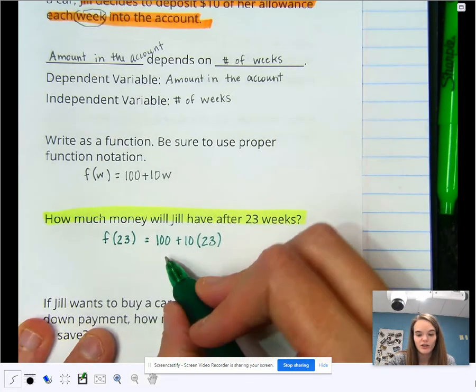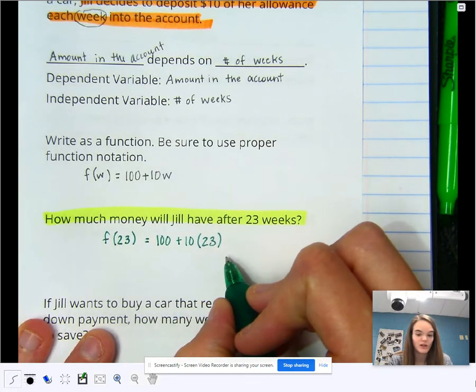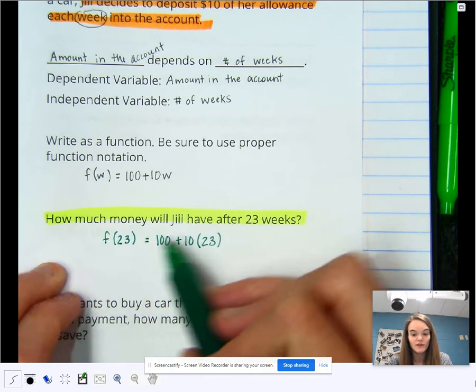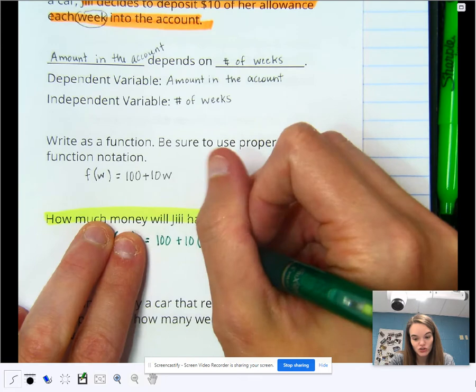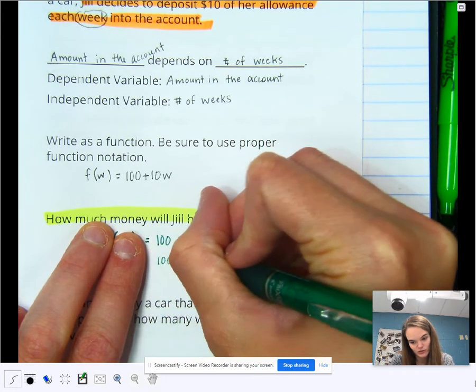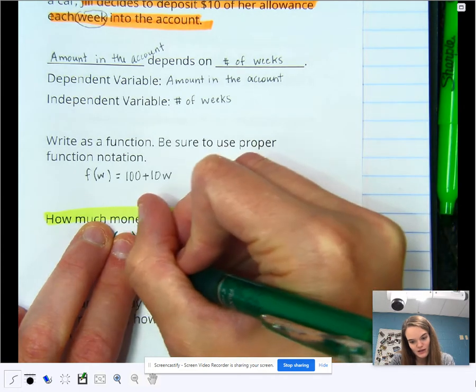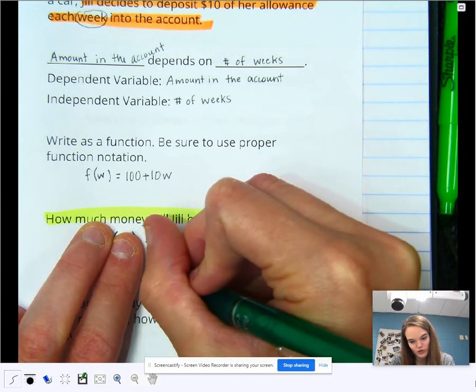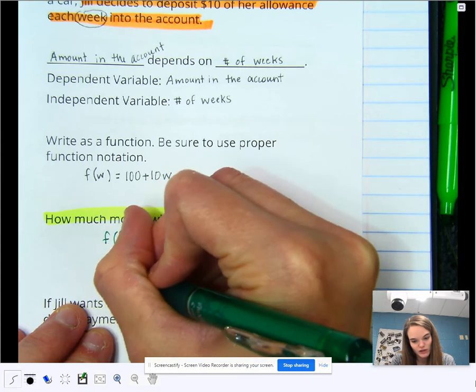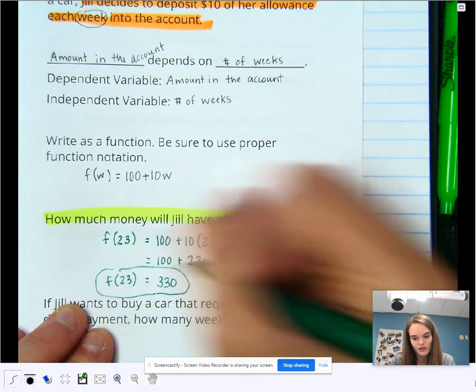Now, I need to calculate 100 plus 10 times 23, and I'm just going to type that straight in my calculator. This part, not this part. I should get 100 plus 230. I don't have a calculator next to me, so I'm just going to do it. And 100 plus 230 is 330. F of 23 equals 330.